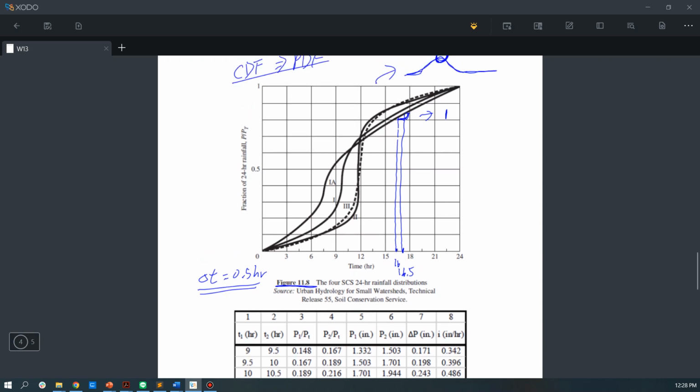And if you calculate the difference over this time horizon, then you can get the difference for each half hour interval. Then you can get a distribution, something looking like this. Then you can identify the peak intensity using this discretized PDF. Okay, so I will use this concept to do the following calculation.